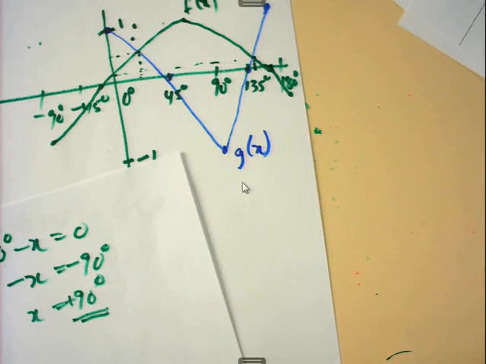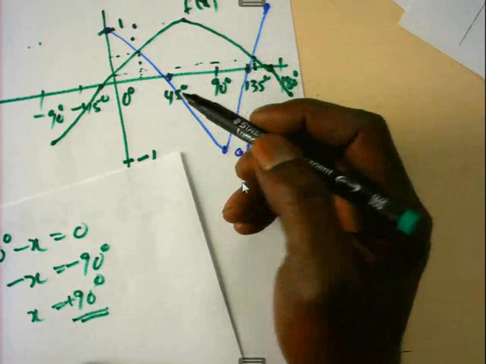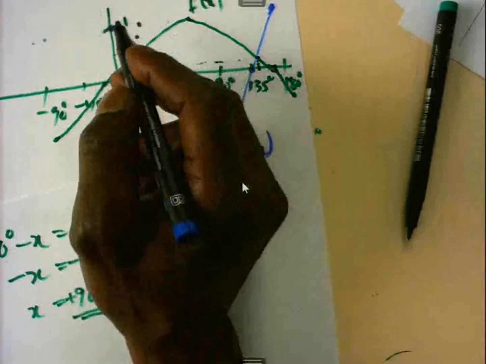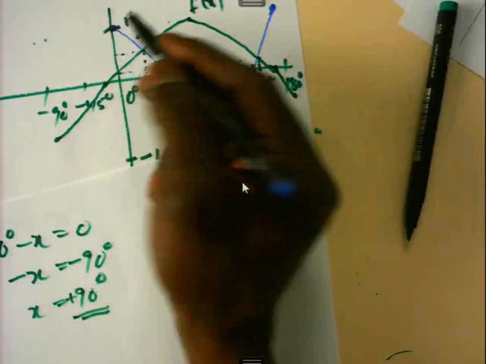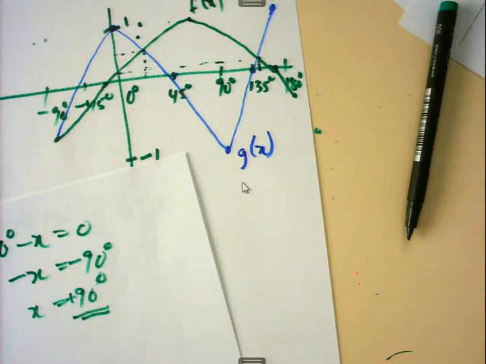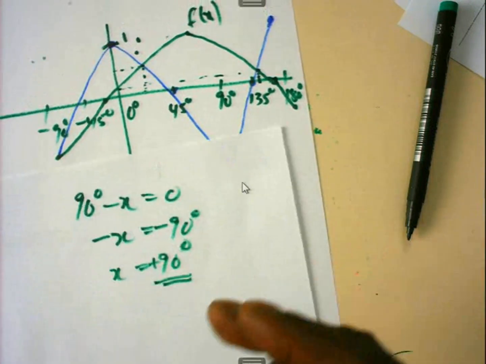I'm quite sure that I missed something here, which will be this line from here up to there. Okay, folks, we took too much time, but I'm sure you'll be able to handle this one.